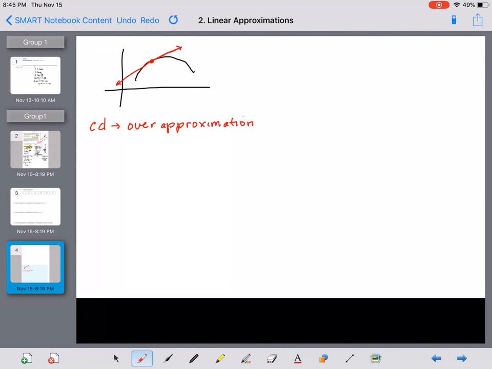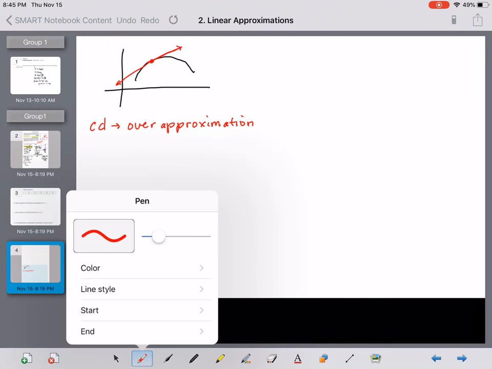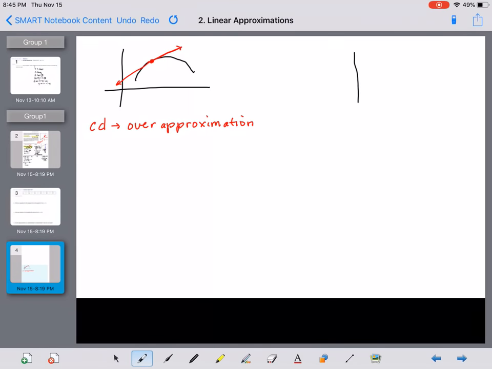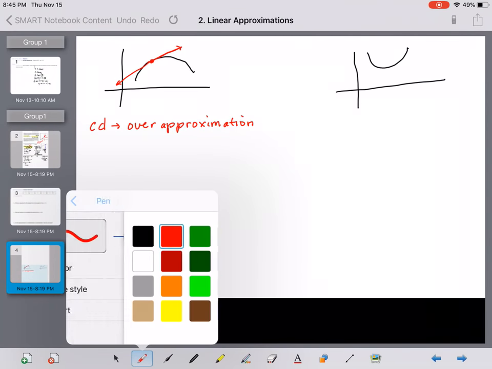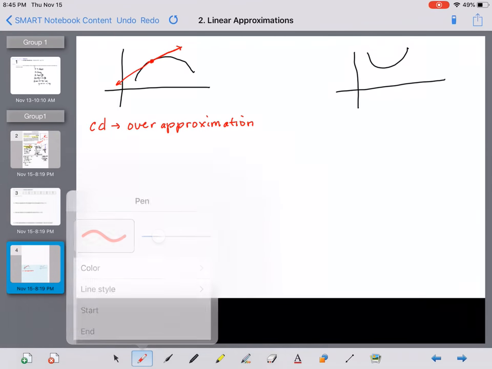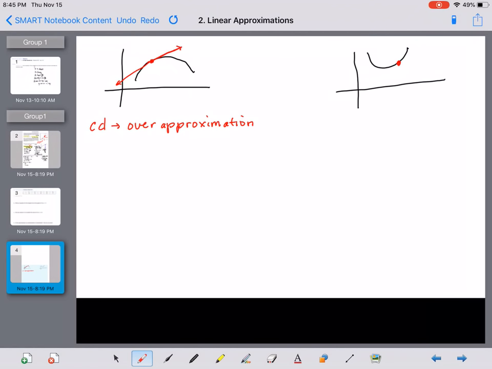So now we see why concavity is pretty important to us, because it can tell us where our approximation lies. If, opposite of that, we have a graph that's concave up, and we choose a point, let's say that point right there, and draw on our tangent line. Okay.